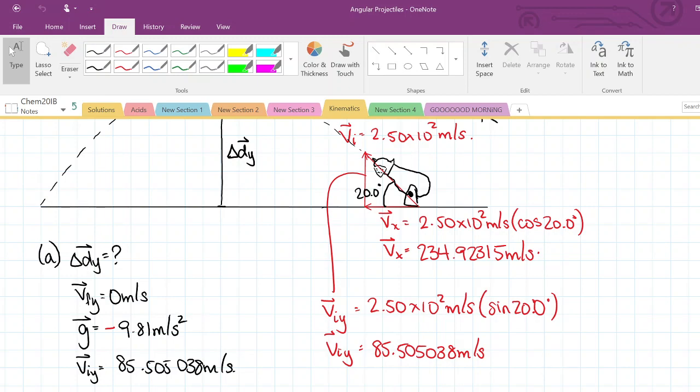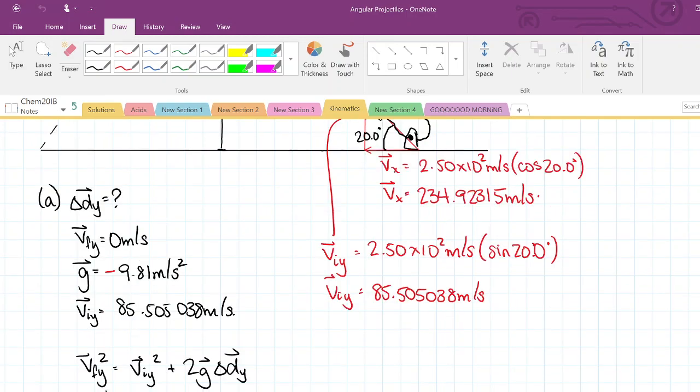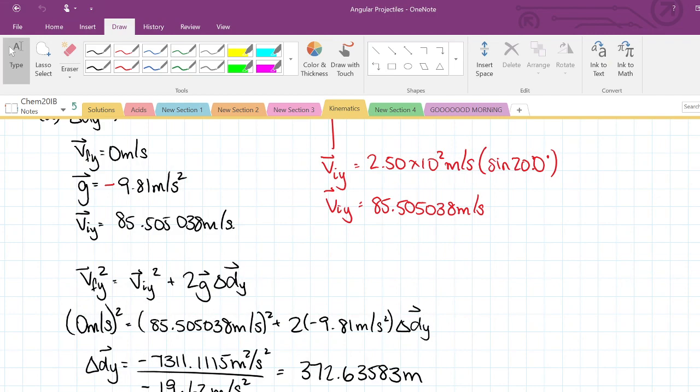So if I look at my list of kinematics formulas, the only formula that does not use time is this one: the final velocity squared is equal to the initial velocity squared plus 2 times gravity times displacement. All of this is in the y direction, so I've got my little y subscripts. I'm going to plug in all my information.